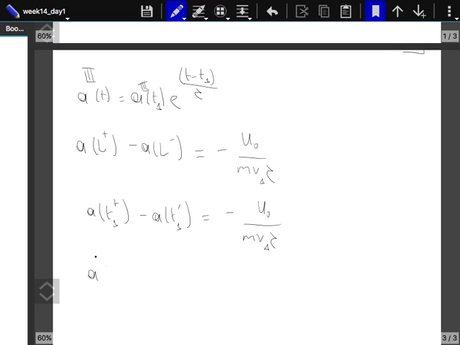Or the acceleration in the third region at the time T1 should be equal to the acceleration in the second region at the time T1, minus u0 over m v1 tau.